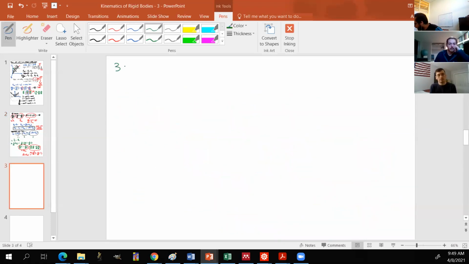The third expression that we're trying to find is d by dt of omega crossed with r of b relative to O. Now, in calculus, the product rule applies to two things that are multiplied. In vector algebra, I hope you learned this in linear algebra and differential equations, or you're learning this right now, the cross product works exactly like the product rule.